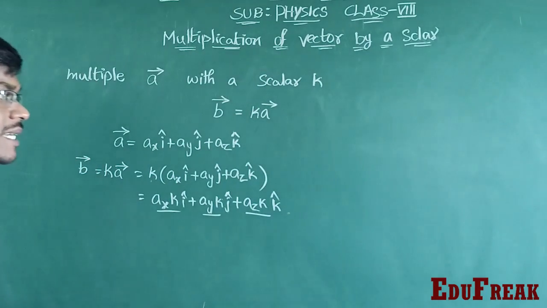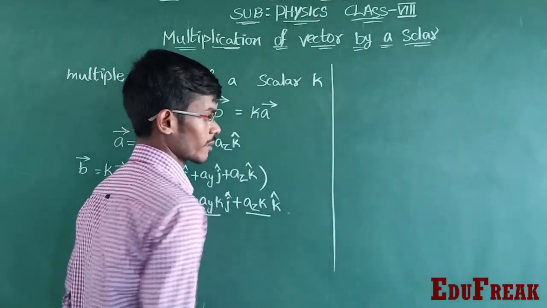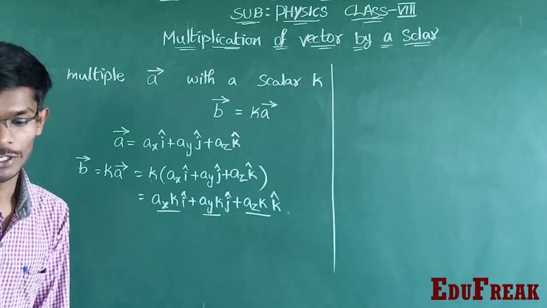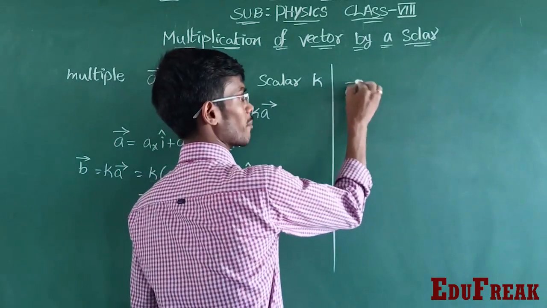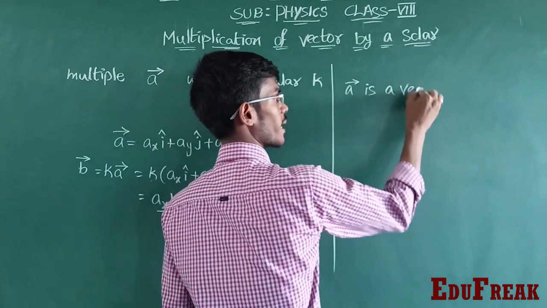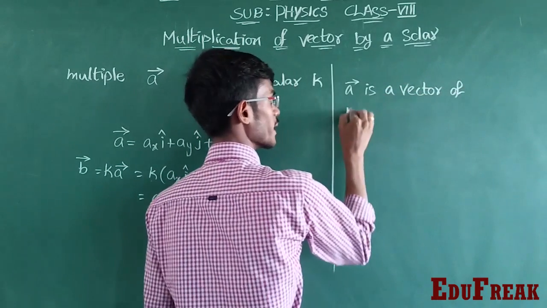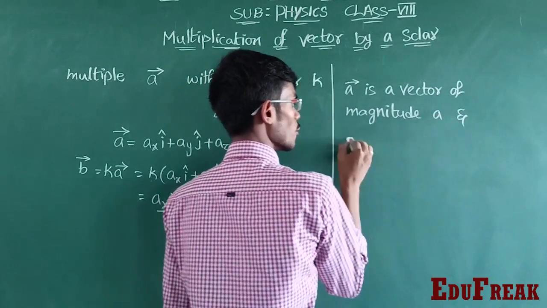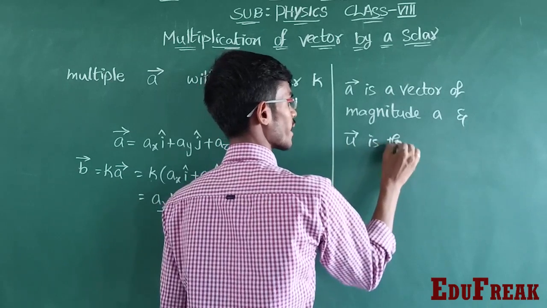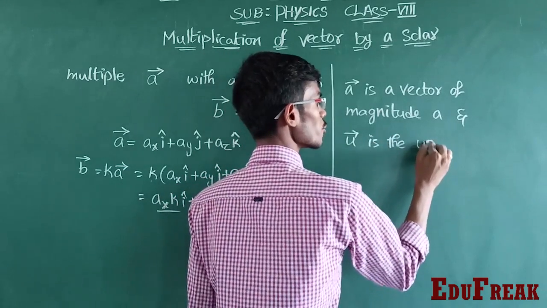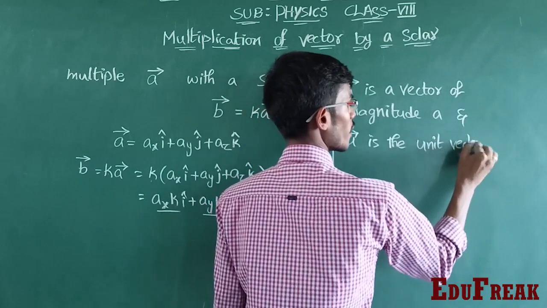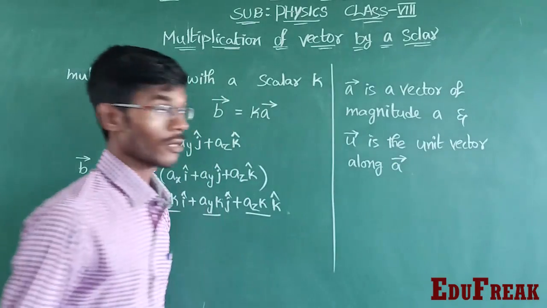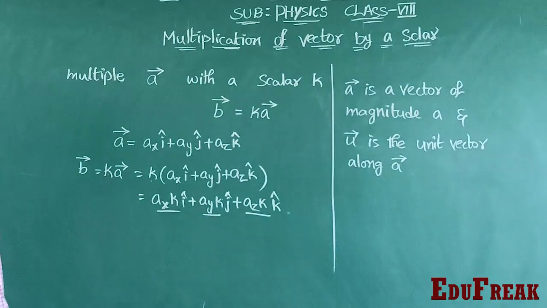Then suppose a bar is a vector of magnitude a, and u bar is a unit vector along a bar.